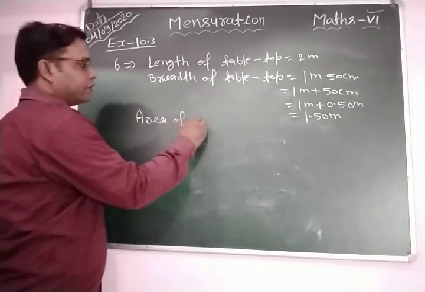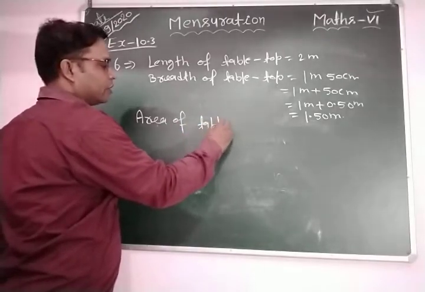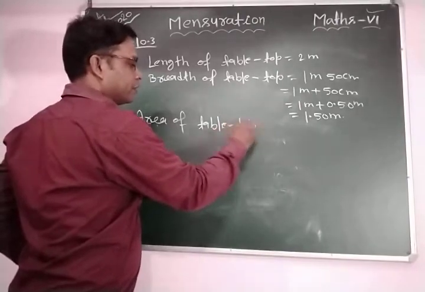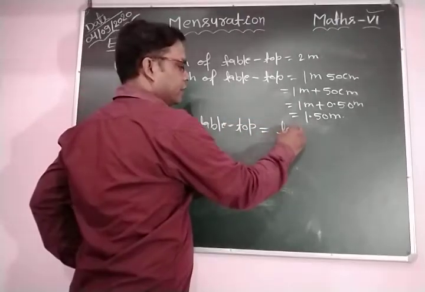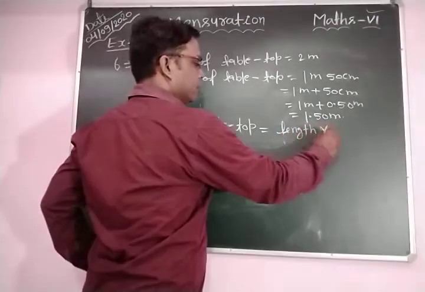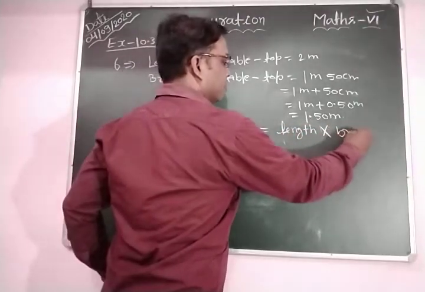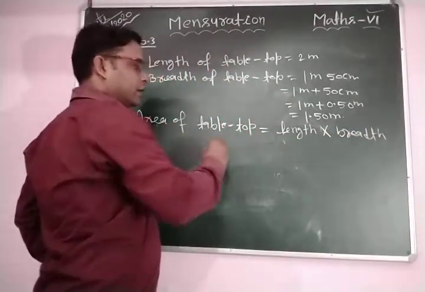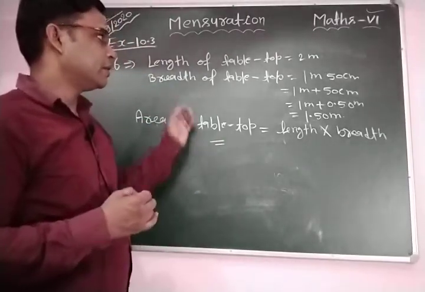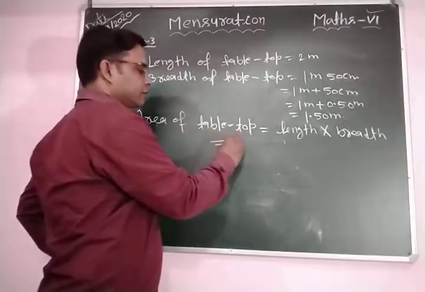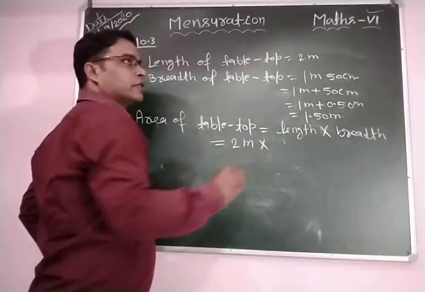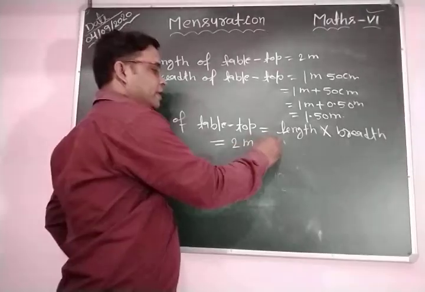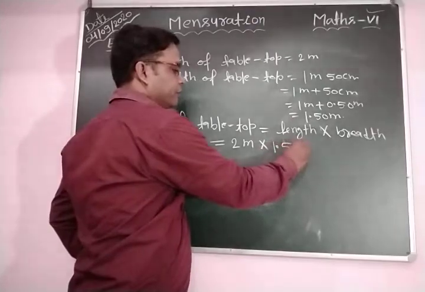Area of tabletop is equal to length into breadth: the length of tabletop, 2 meter, into the breadth of tabletop, 1.50 meters.